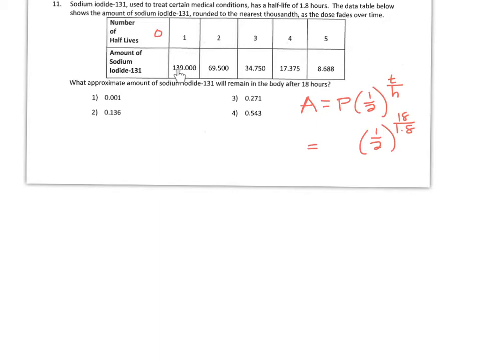So 139 times 2 gives you 278. That's actually going to be the initial amount. That's what we're going to plug in for P. Okay, so all you really have to do is plug this into your calculator and see what you get. And when you do, you get approximately 0.27148. So that would be choice 3.